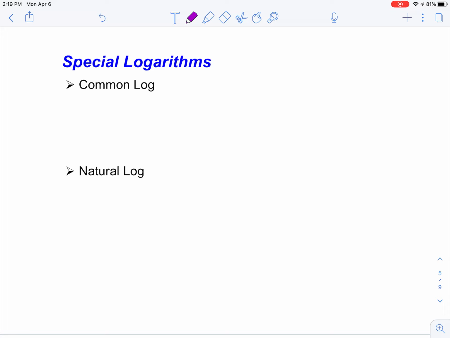But first, we're going to look at our special logarithms. Our special logarithms are called the common log, and that is a base 10. This is a button on your calculator, the base 10. So it's log base 10 of x equals y.